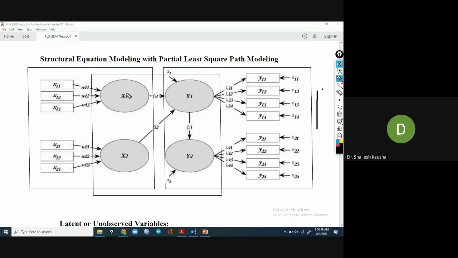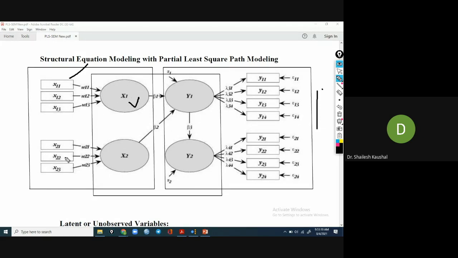So the exogenous constructs x1 and x2, and the arrow from the rectangle to this oval shape, make it a formative measurement model. Formative means these three independent variables x11, x12, x13 are forming this oval shape construct.